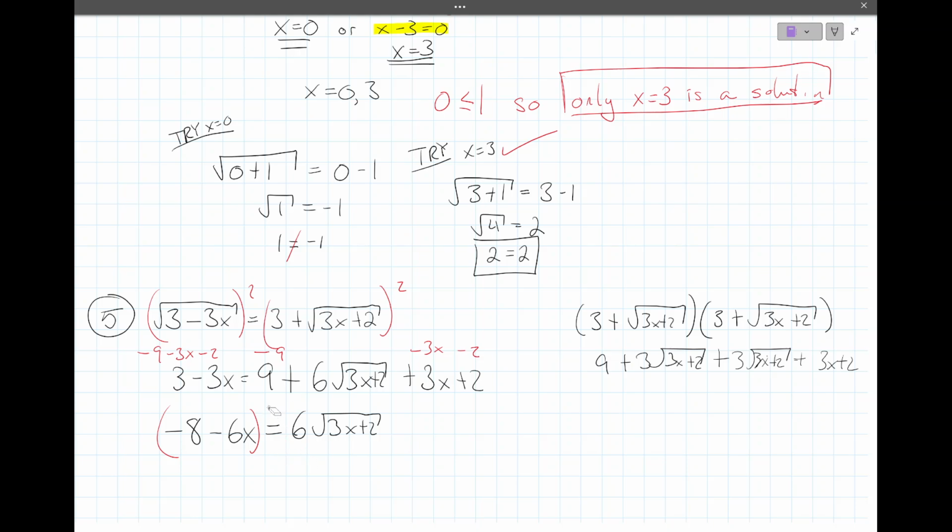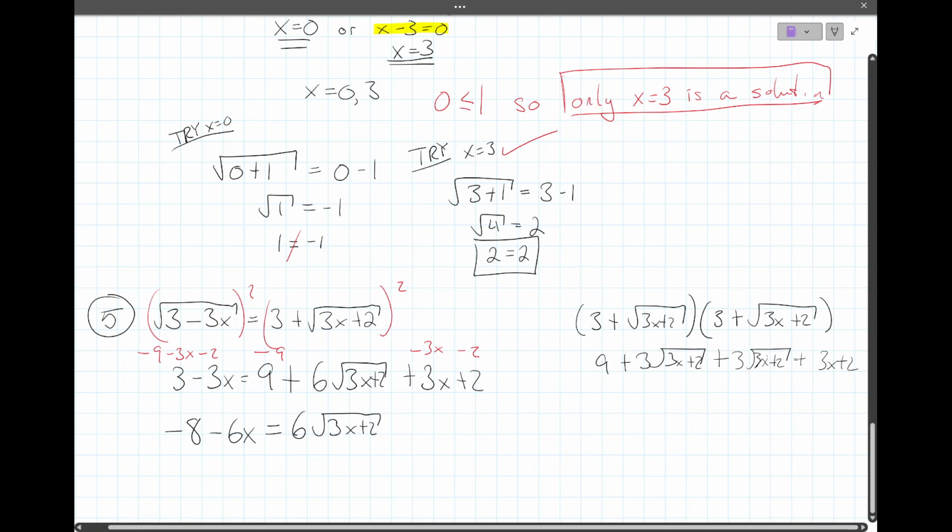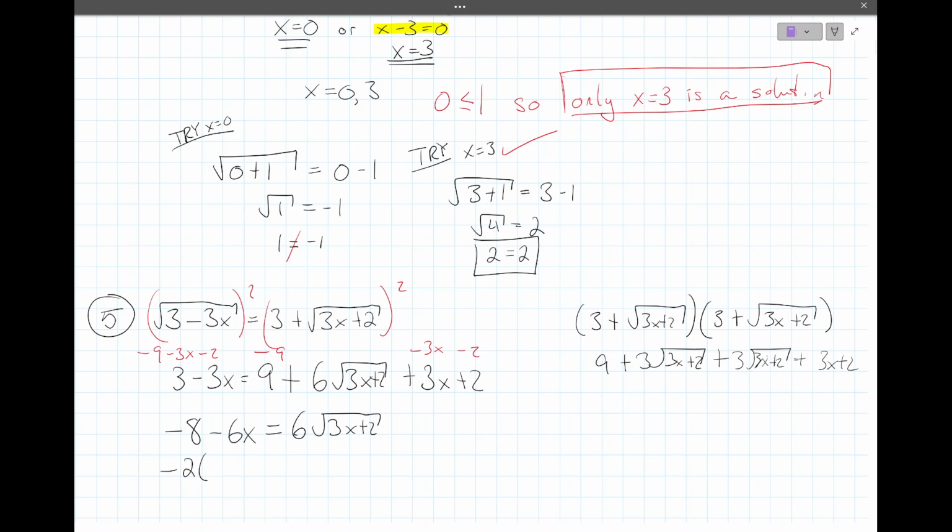Actually, you know what? Before we square, let's make our life just a tiny bit easier for ourselves. I'm going to factor out a negative 2, and this will be 4 plus 3x equals 3 root 3x plus 2.